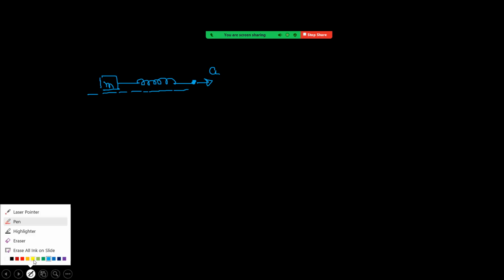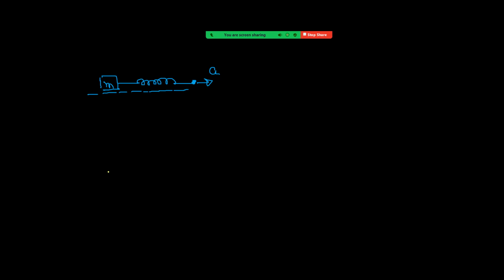Okay, then see what happens. If you are solving with respect to that point, which is having constant acceleration, with respect to that point this point is now fixed. Why fixed? Because we are solving with respect to this point. Therefore, that point is stationary.